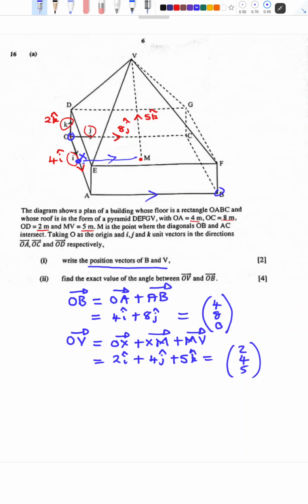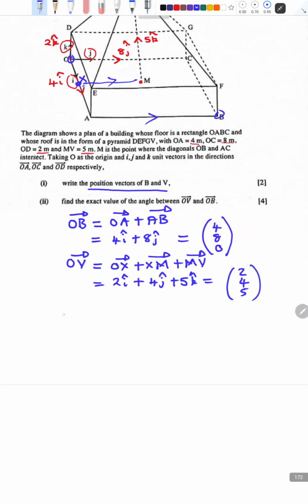Then move on to item 2. Find the exact value of the angle between OV and OB. So the formula is cos theta is equal to vector A dot product vector B divided by the product of their moduli.